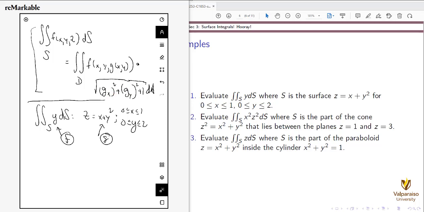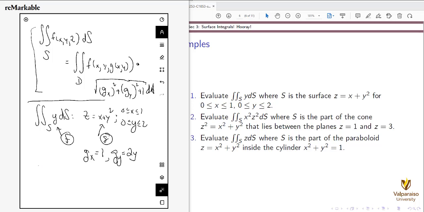For this particular case, in the example, f is just y, there are no z's in it, and then from the equation of the surface, well, that's not so bad. The derivative with respect to x is 1, the derivative with respect to y is 2y.